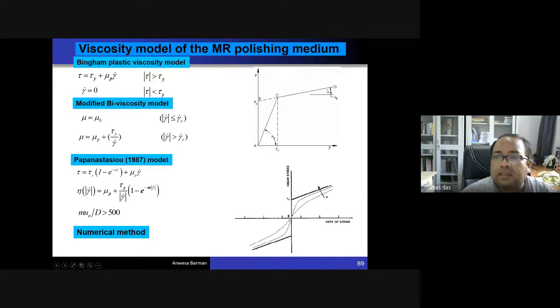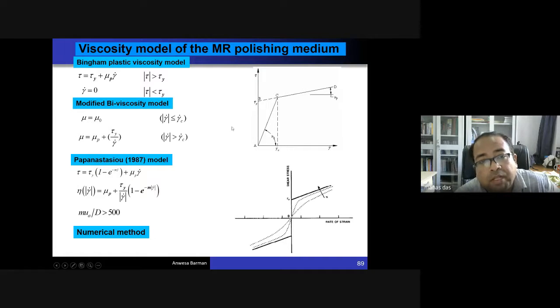So AC and then CD. Here they consider a high viscosity, and after that there is the plastic viscosity. This mu0, the high viscosity, people consider to be 1000 or 2000 times the plastic viscosity. That is the critical shear rate. Before that they consider the high viscosity, after that the plastic viscosity.